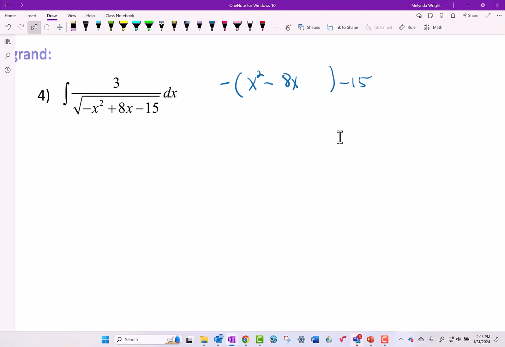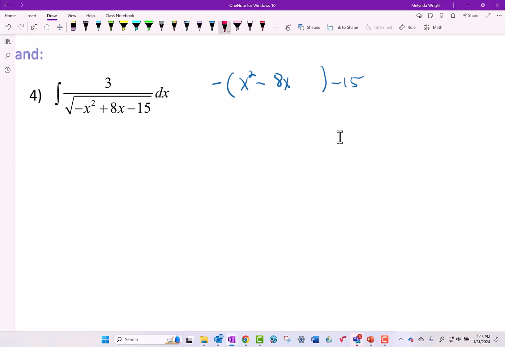Okay, so now we're going to complete the square. So half of 8 is 4, and 4 squared is 16. Now I added 16 here, but did I really add 16? No. I did not, did I? What did I really do? I really subtracted 16. So to counter it, I have to add 16 here.